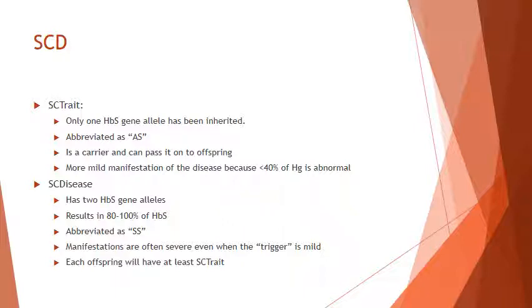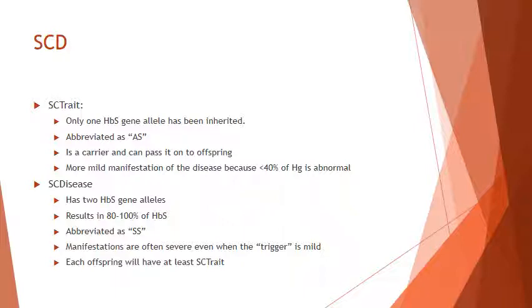There's a 25, 50, 25% chance of passing it on if they also marry someone with the trait. These persons have more mild manifestations of the disease because only 40% of the hemoglobin is abnormal. So that's the good thing about having just the trait. They may still have episodes, but they will not be at all severe compared to the disease.